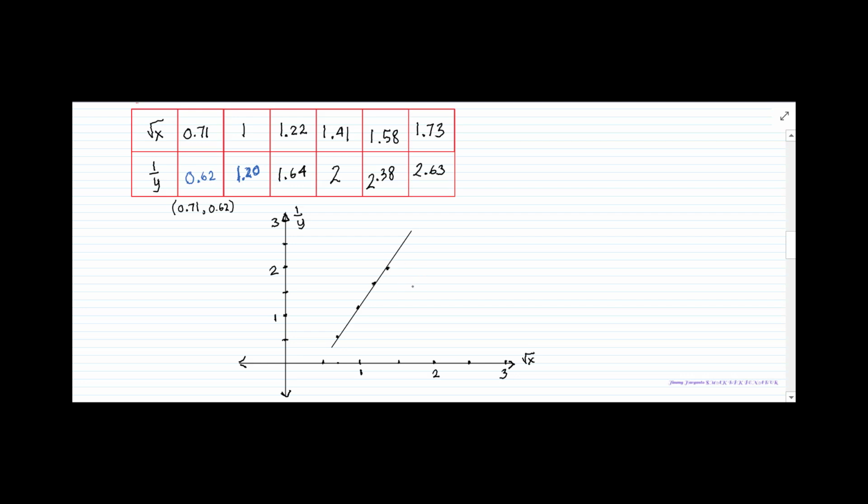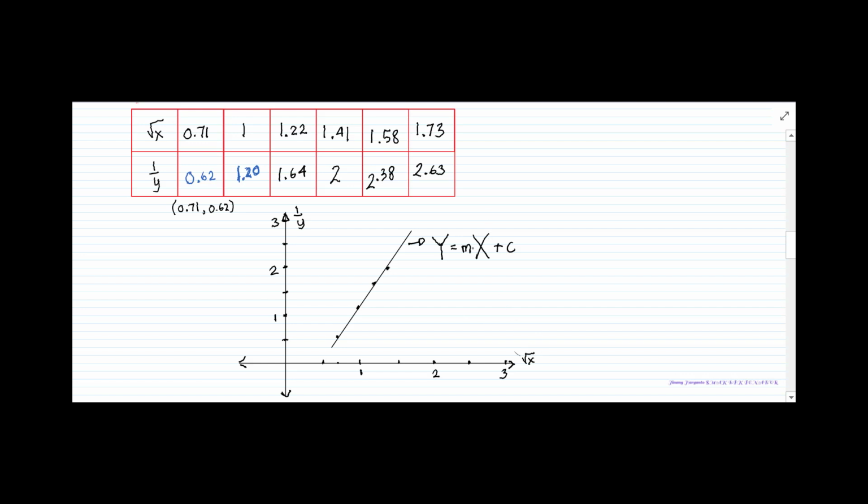So if you use your millimeter block or your ruler, you can draw the straight line accurately. Okay, let's label it. This is called big Y equals mX plus c, right? Big Y and big X, not 1 over y, not root x.